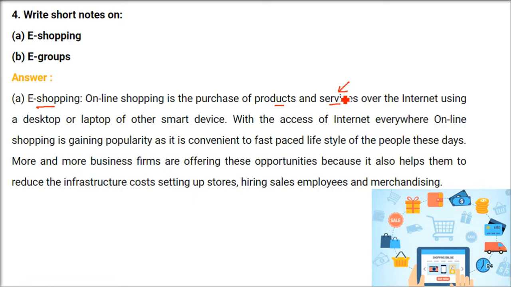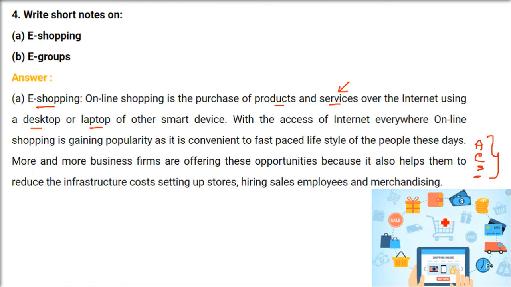But now you are buying the product, or say you want to paint your house, you are asking for the service, and that can be done on your desktop and laptop, where you can just hire these services or buy this product. Anywhere you are, waiting at an airport lounge or for the bus, you can just open the app, find the item you want to buy, and buy it.